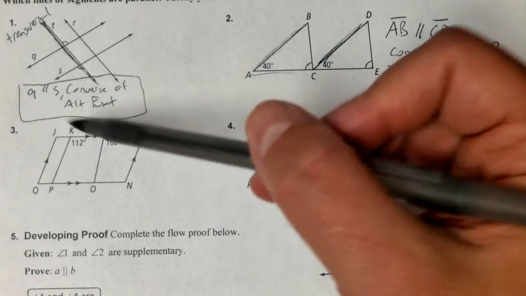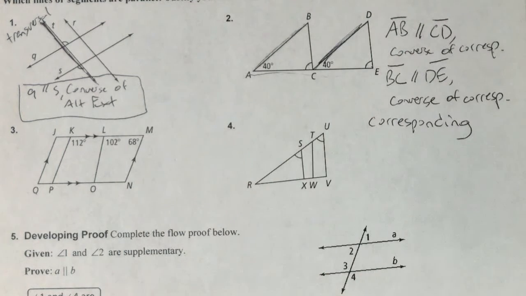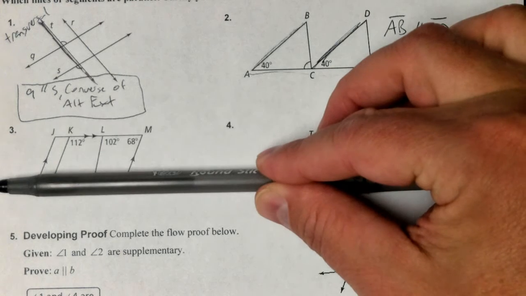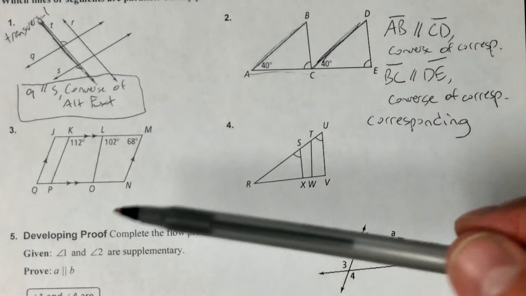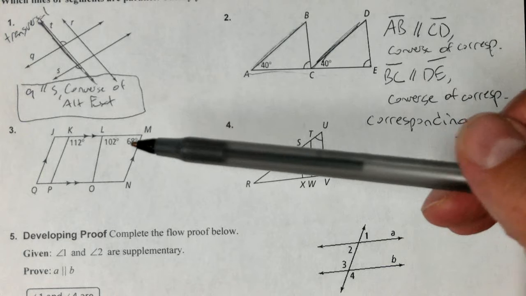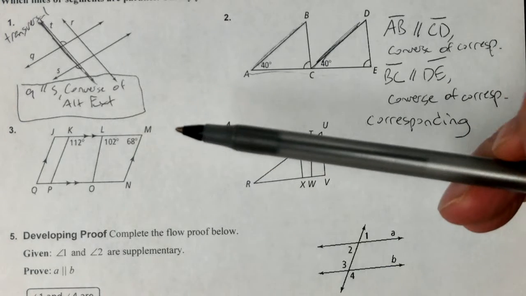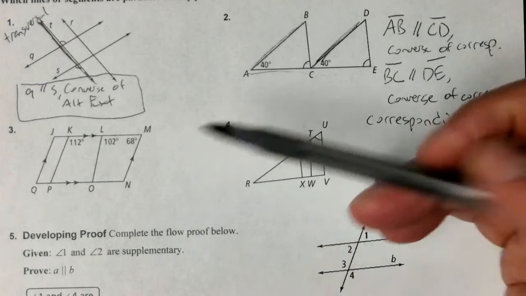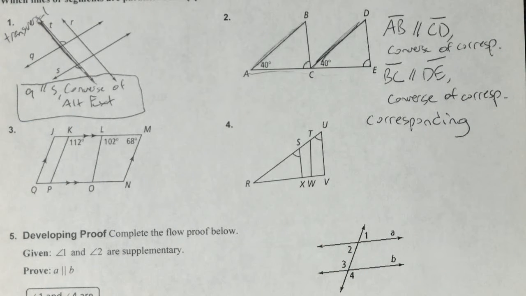They look like if you extended them, they would touch eventually. We also know this one and this one are parallel. So what we want to work on is seeing the addition of the angles.